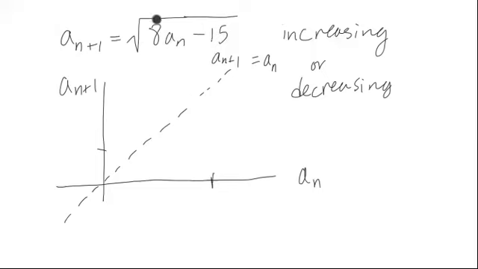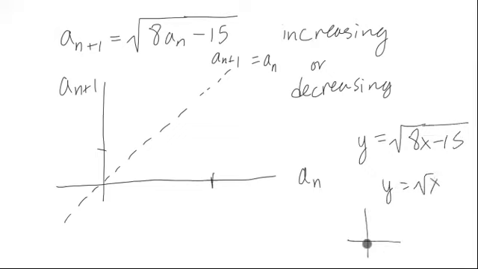We can go ahead and graph this. Okay, so let's think of this, first of all, just on the side. y is equal to the square root of 8x minus 15. Now, this is just a transformation of the graph y equals square root of x, which looks like that, right? Now, what we've done is we've replaced this x value with 8x minus 15.